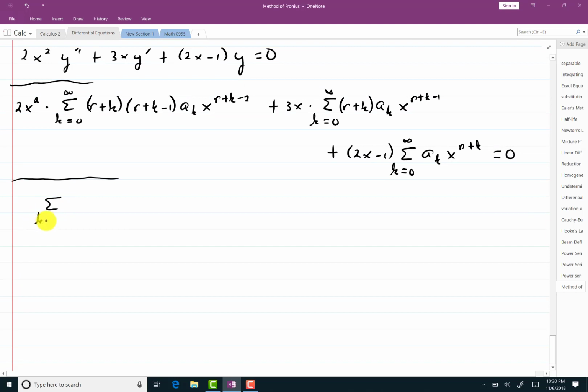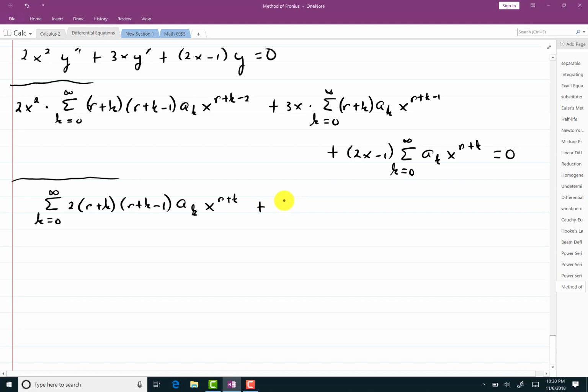First one, I get k equals 0 to infinity. I'll bring the 2 in. When you bring in the x squared, though, it'll erase this minus 2 that's up there, and I'll get x to the r plus k.